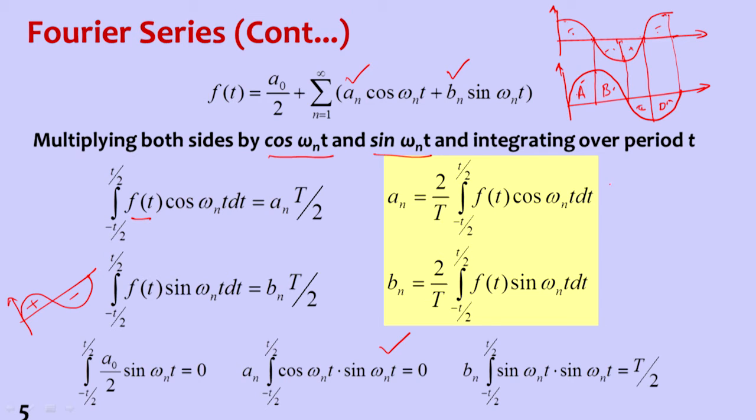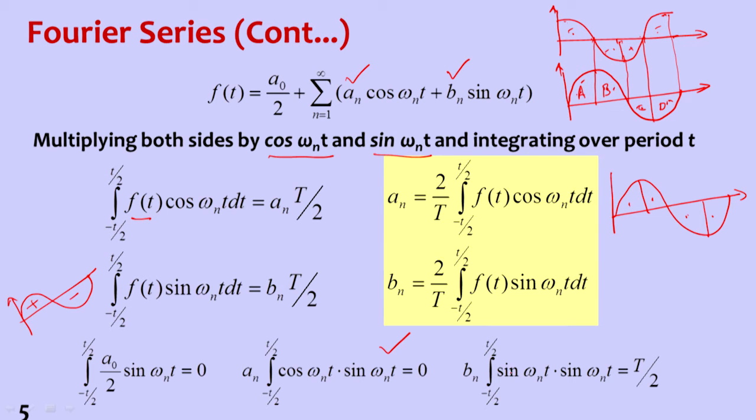But whereas in this case, if you take another sine function, you can see this multiplied by this gives a positive value, this multiplied by this again a positive value, this negative multiplied by this negative again a positive value, and this multiplied by this again a positive value.